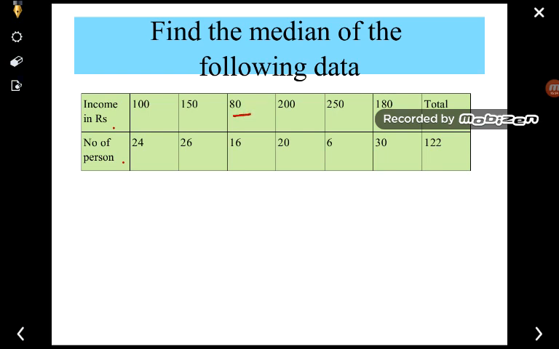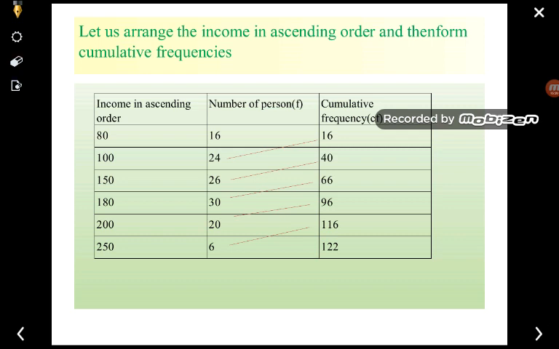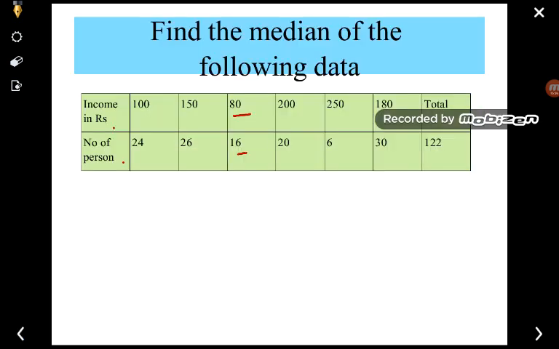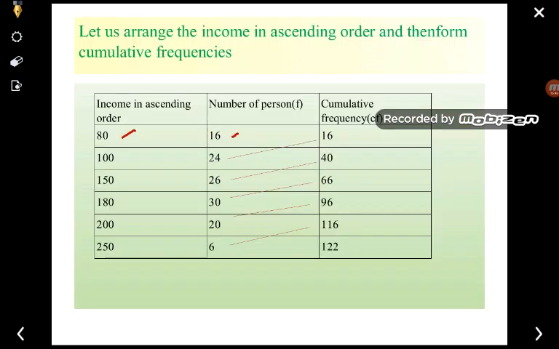The smallest one, that is 80, has the frequency 16. So we have arranged it here: first 80 and its frequency 16. After 80, the next higher value is 100, which has the frequency 24. Similarly, we have written 100 and 24 as the frequency.